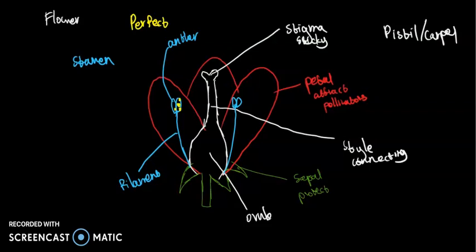And the ovule contains the female reproductive cells, so gametes, and it will develop into the fruit after fertilization. The anther is the pollen producing component, so it produces pollen, which is the male gamete, and the filament holds the anther, so it gives structural support.